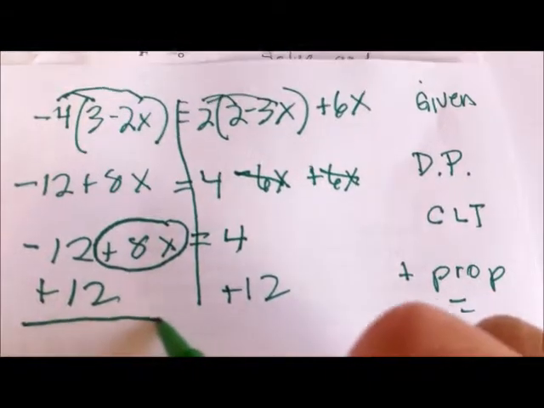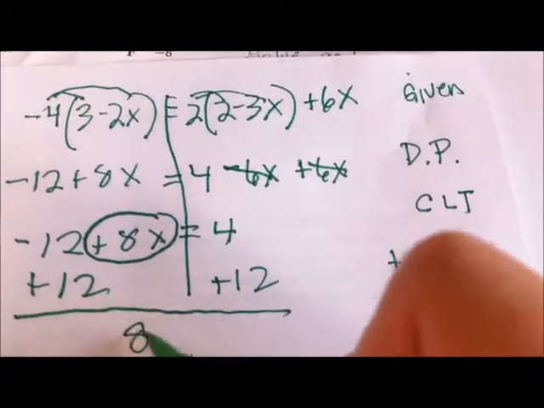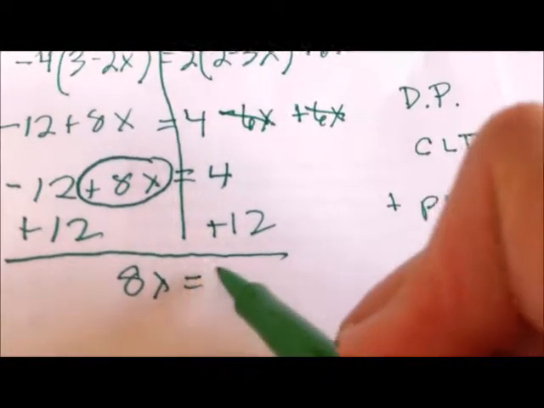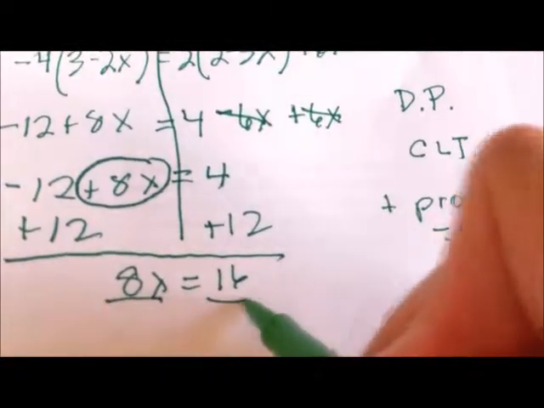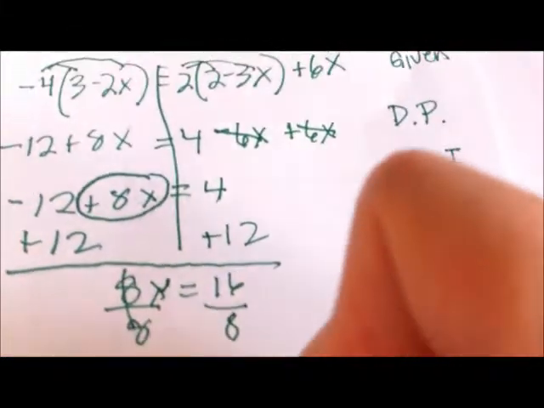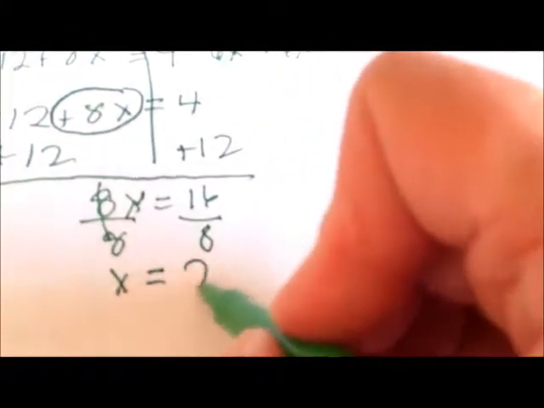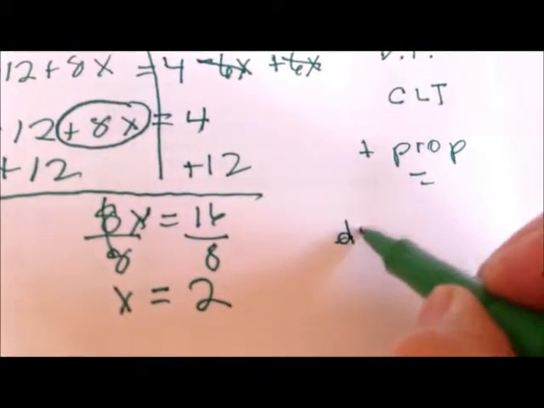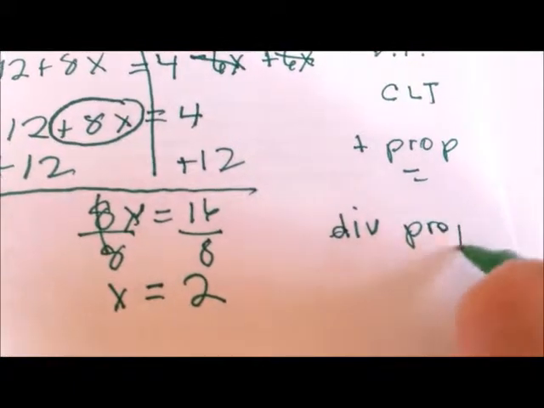And when I add 12 to both sides, 8x equals 16. And I'm going to do the division property of equality. And I find that x equals 2. And this was the division property of equality.